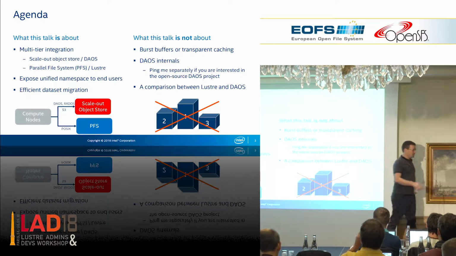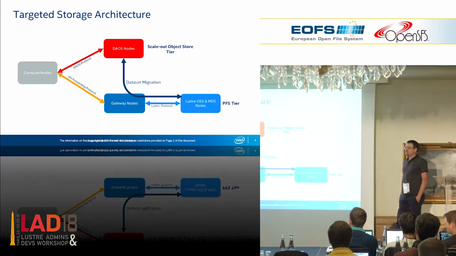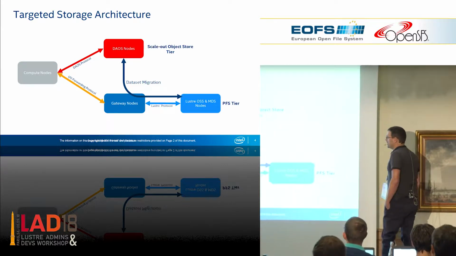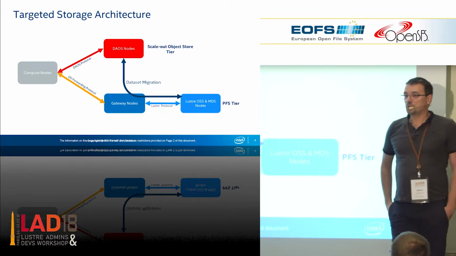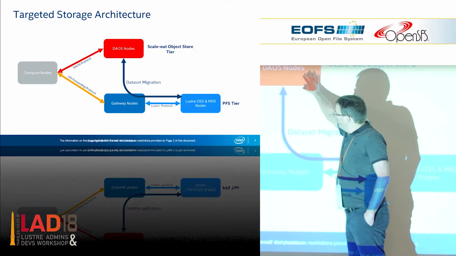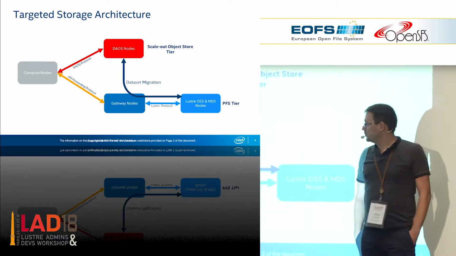So let's go to the next slide, where we have the targeted storage architecture that Intel has been working on for quite some time now. We have the compute node on the left side, which is connected to the compute fabric, and you have the DAOS scale-out object store connected to the compute fabric and directly accessible from the compute node.